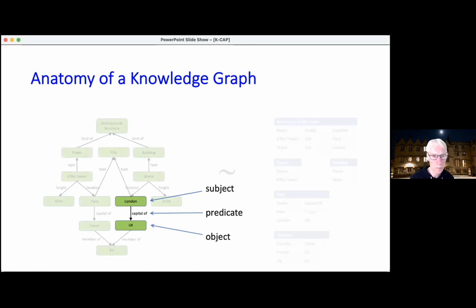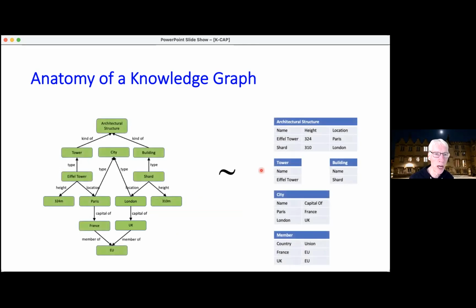It's interesting to note and contrast the fact that you could store this information just as well in a relational database. I have some tables here that capture exactly the same information that I have in my little fragment of a knowledge graph.